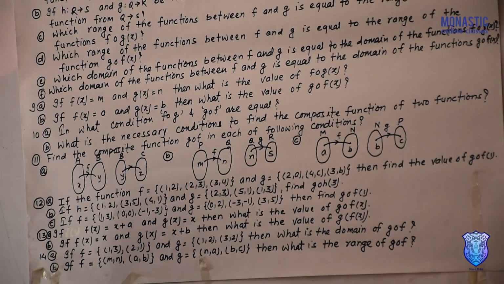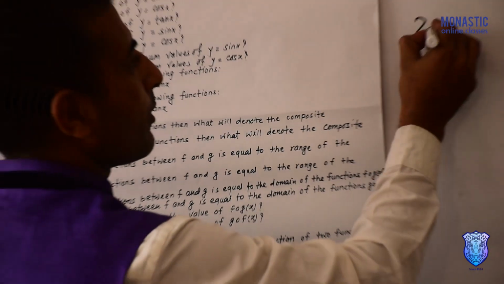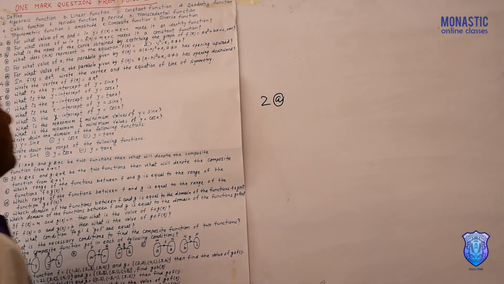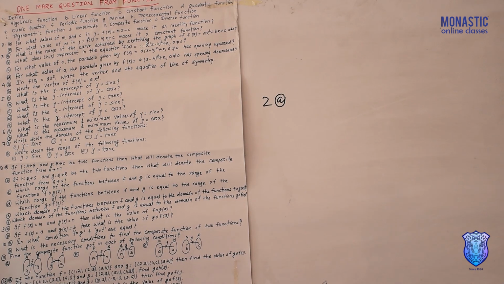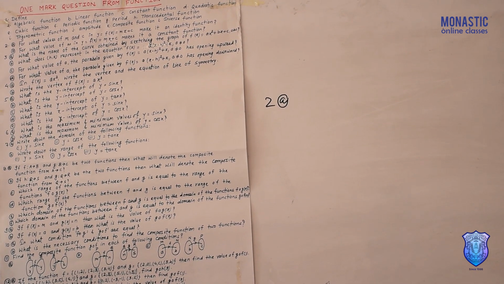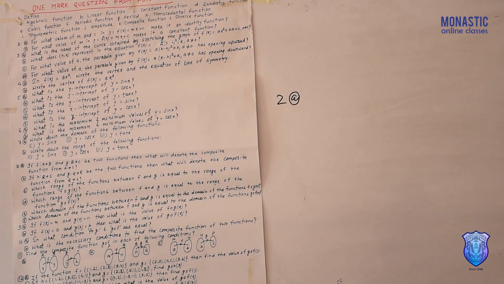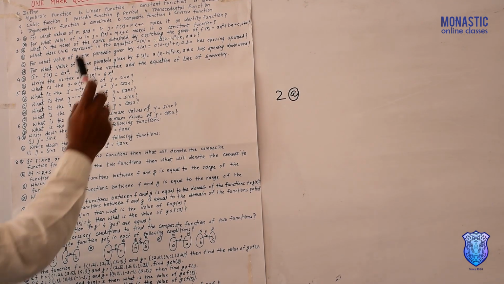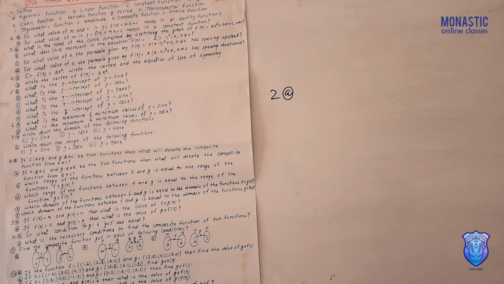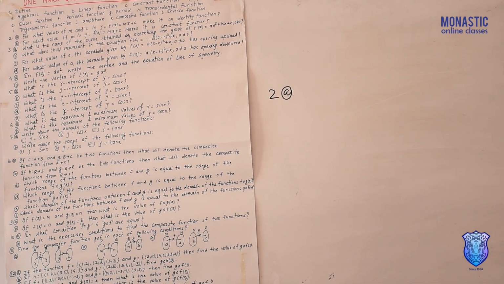Starting with question number 2. For what values of m and c does y equal f of x equal to mx plus c make it an identity function?